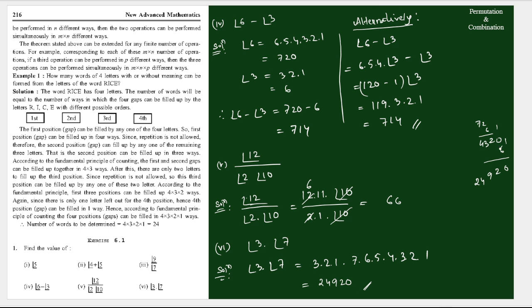Again, 3 into 2 is how much? 6. 4320 into 6 is 25920. This is your answer.